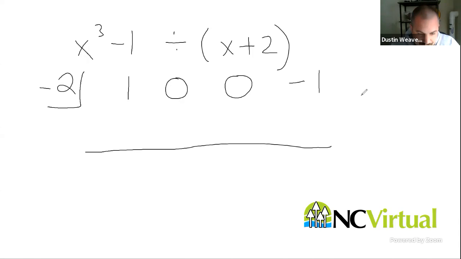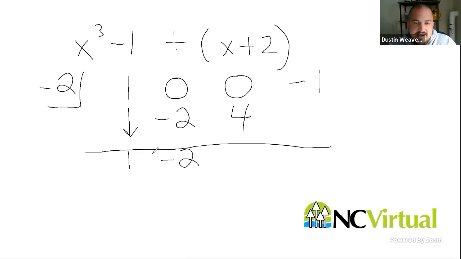Now we are going to bring the first number down. That first number is a 1. We bring it down below the line, and we're going to multiply. Negative 2 times 1 is negative 2, and then we add 0 plus negative 2, which is negative 2. Then we multiply: negative 2 times negative 2 gives us 4.